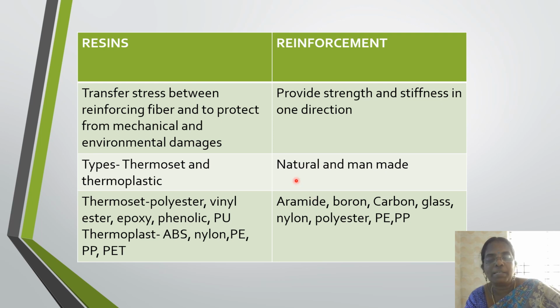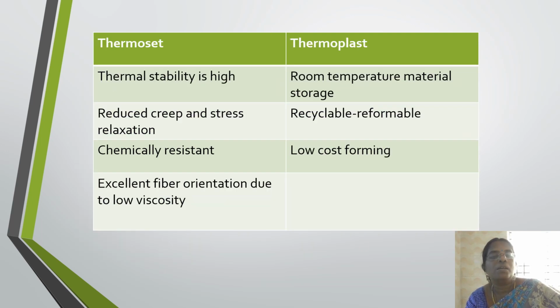The reinforcing substance could be natural or man-made. Examples: aramid, boron, carbon, glass, nylon, polyester, PE, PP, etc.